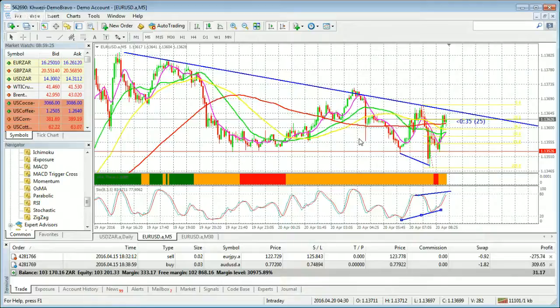Everything is about confirmation. So we're only ever going to really jump in if we get any levels broken, if we get strategy conditions met for entry, all those different things happening.